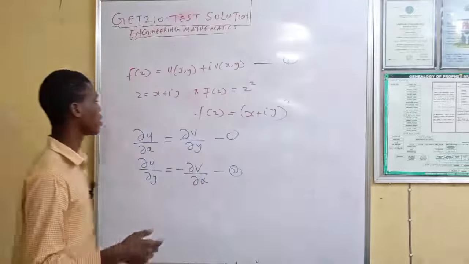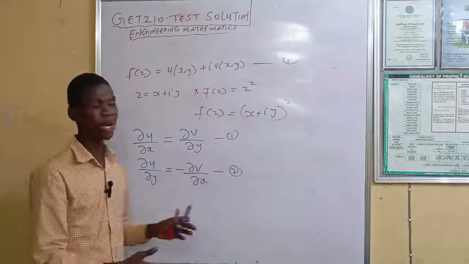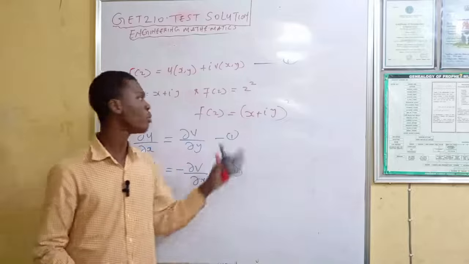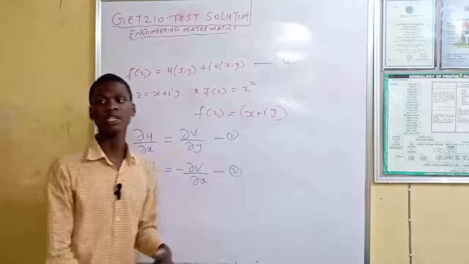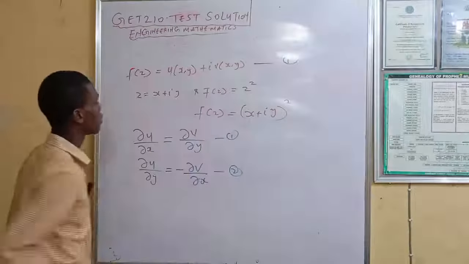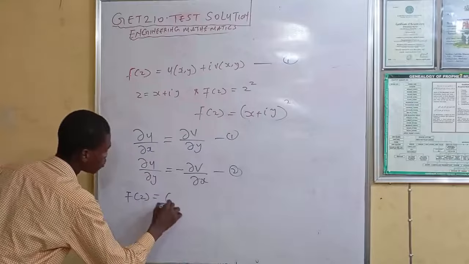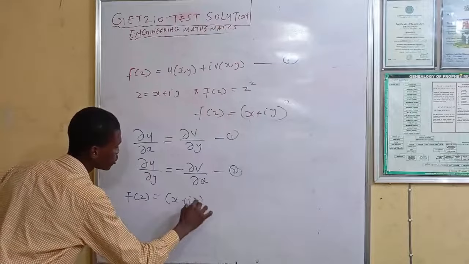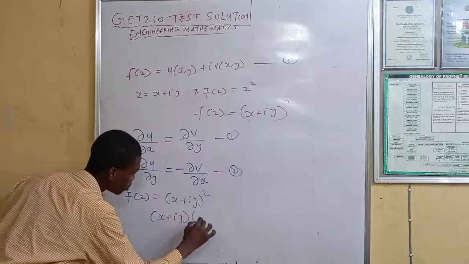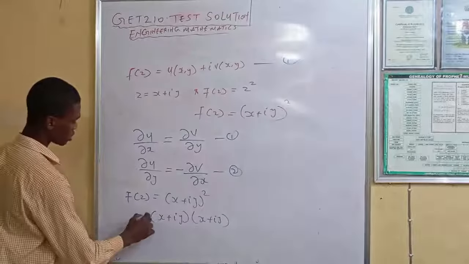I need to work with these conditions, so I need to know my u and my v: u is the real part of this function, and v is the imaginary part. Solving for f(z) equals (x plus iy) squared, it means (x plus iy) times (x plus iy). Just do the simplification.